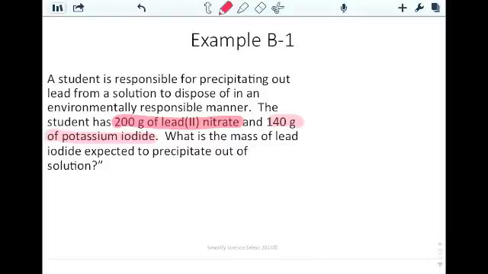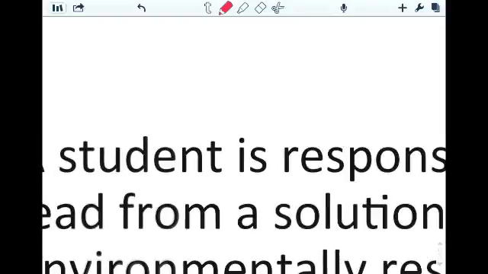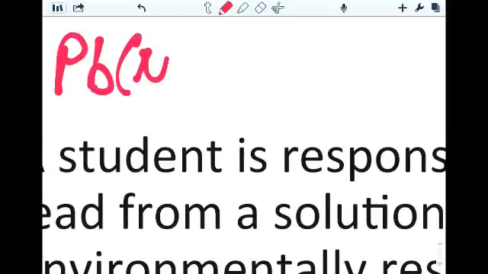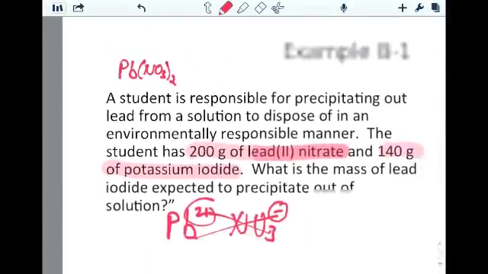So our two reactants, we have our lead nitrate, lead 2 nitrate, so Pb, which has a positive 2 charge, and then nitrate NO3, the negative 1 charge, and we crisscross, and we get our first reactant, which is Pb(NO3)2. So we'll write that down. Pb(NO3)2.